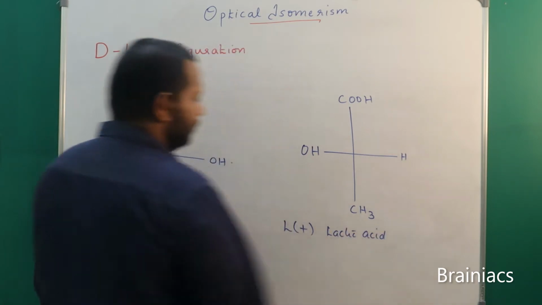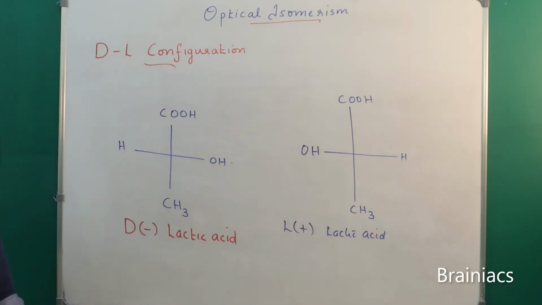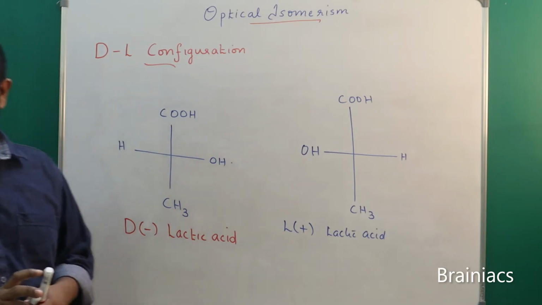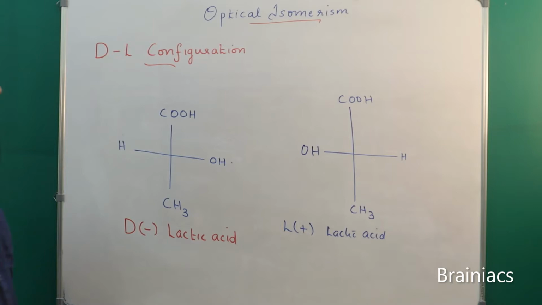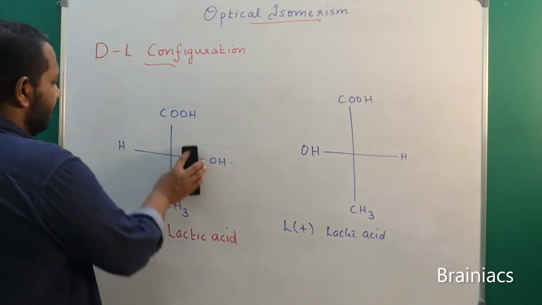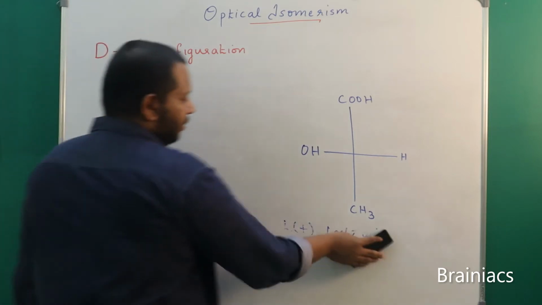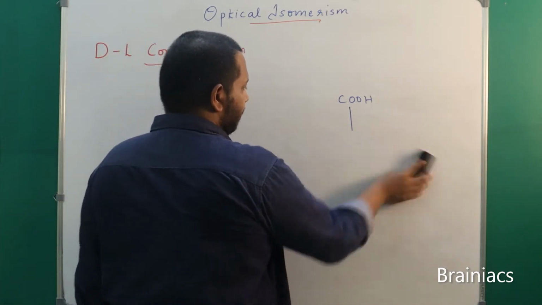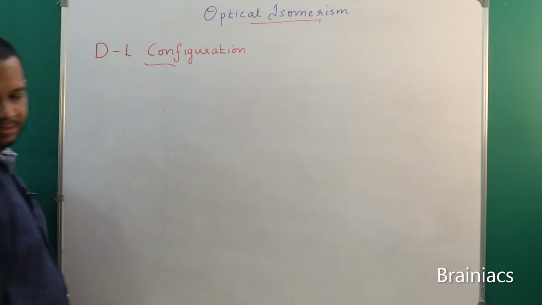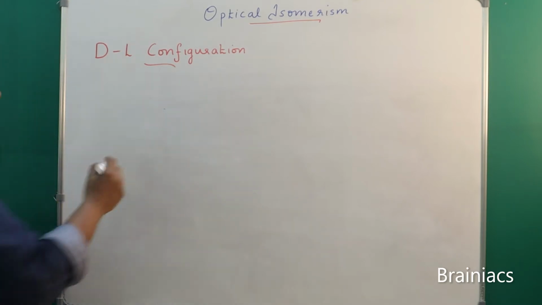Similarly, we have other things, serine is there, an amino acid, we can see that as well. So this is the lactic acid example. Let me take the third example, serine. If I take serine as the example, I can write the formula again.